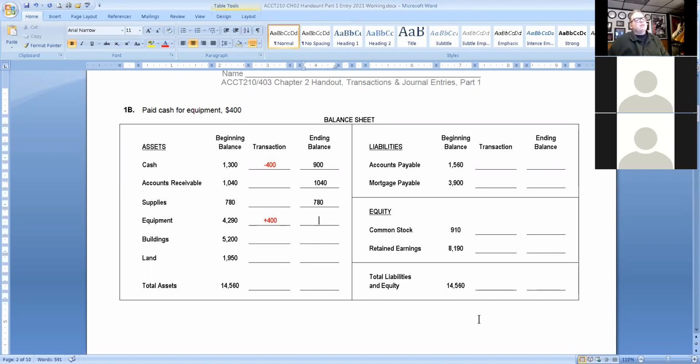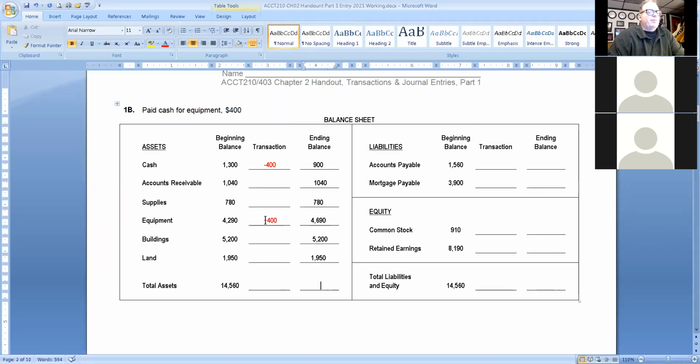What would that be? 46.90. Again, it should come out to be the 14,560, I think, because everything's on the asset side.